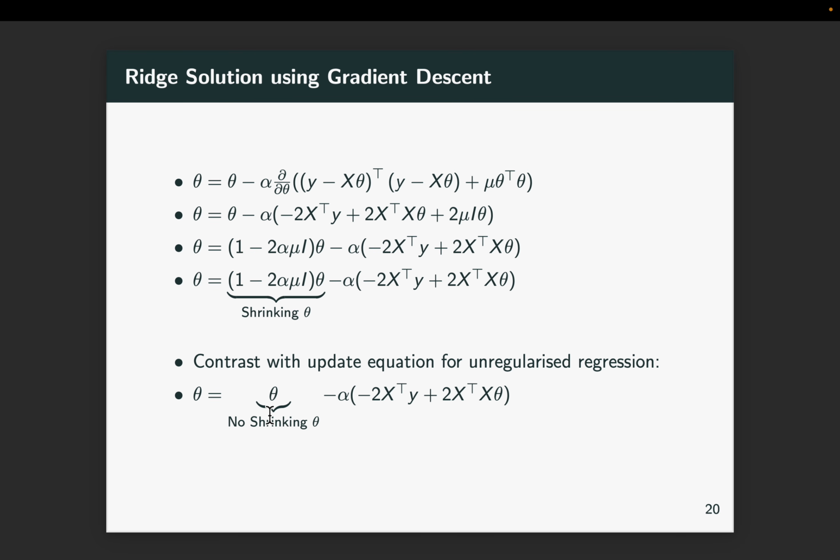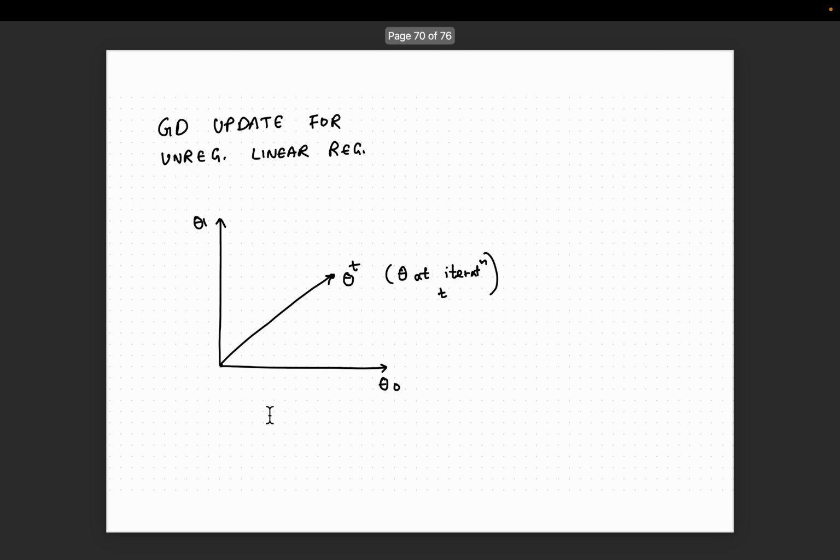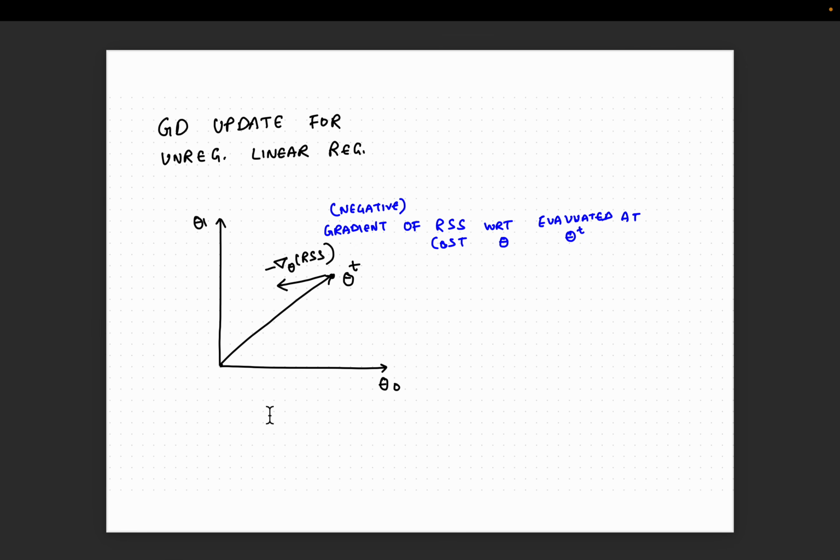You can also understand this geometrically. So let's say this is unregularized linear regression. You had theta at some iteration t in some 2-dimensional space I have drawn, but this could be in any d-dimensional space. I find out the gradient of the objective, or only of the data fit term, which is residual sum of squares. All of these terms are used interchangeably: residual sum of squares, mean squared error, and summation of epsilon i squared, or (y minus X theta) transpose times (y minus X theta).